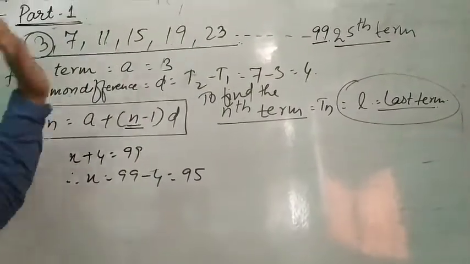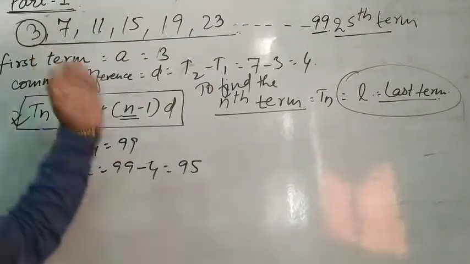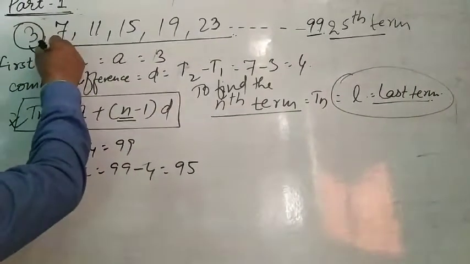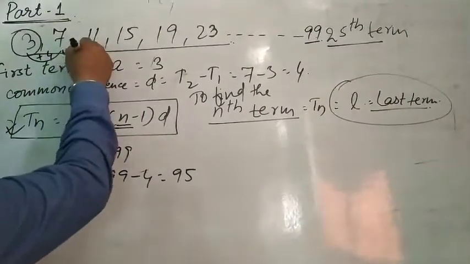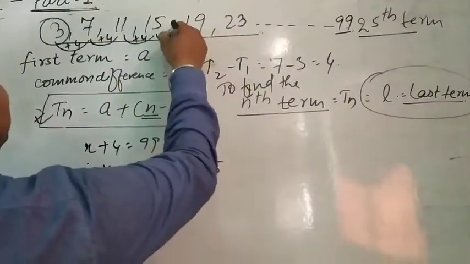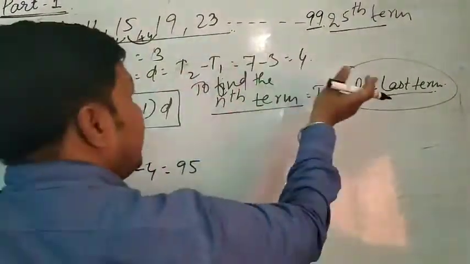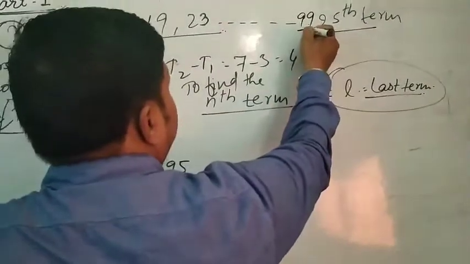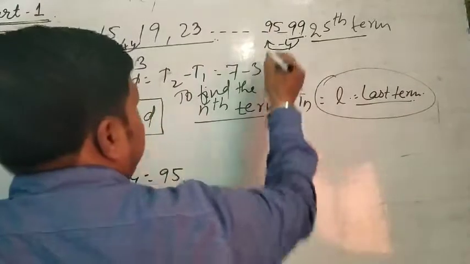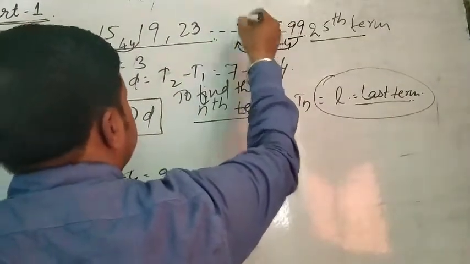To find from the first term, starting side, if we find the nth term, your differences should be added: plus 4, plus 4, plus 4. But from the end we subtract 4, we get 95. Subtracting 4 again, we get 91.